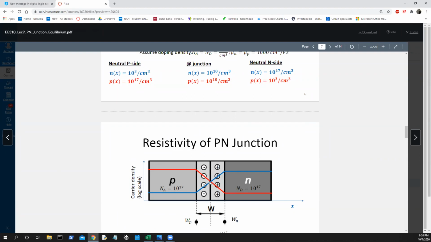Remember, for resistivity, everything's given to us in the question except for the carrier densities. It seems impossible. How are we going to solve for two carrier densities? We know 10 to the 17th on each respective side, but it's not 10 to the 17th at the junction. What we know is that at the junction, P is equal to N, and P times N is 10 to the 20th.